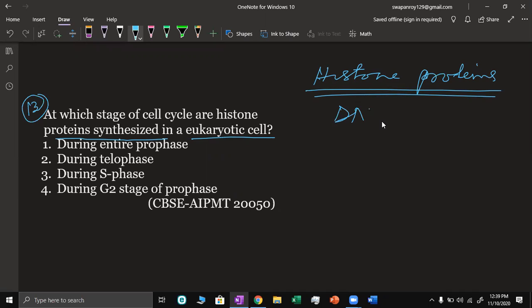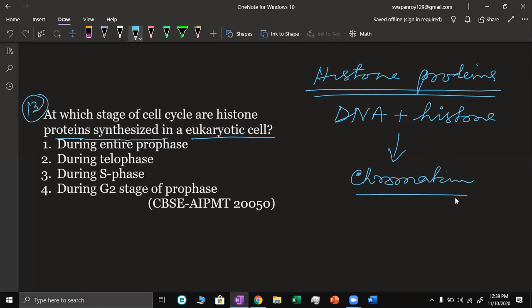DNA plus histone gives rise to the structure called chromatin, and this chromatin makes the chromosome chromatids.